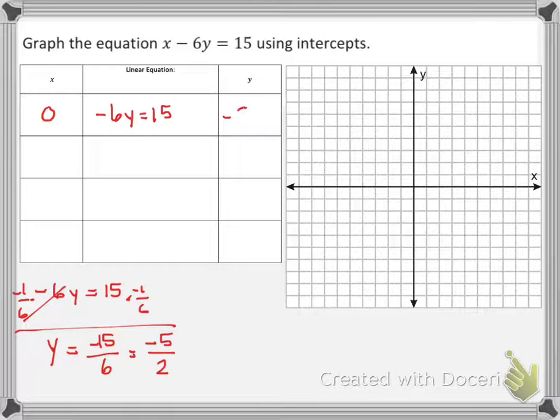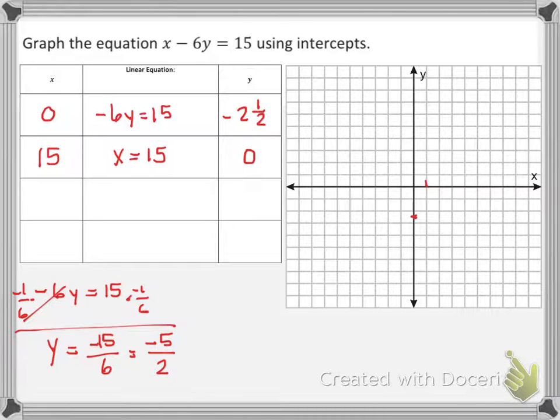So negative 2 and 1/2 will help me to graph that. That's 0 left or right, but down 2.5. So that's right in there. And then my x-intercept comes when I find y equal to 0. So if y is 0, I just get x equals 15. And that's it. So 15 to the right. Let's say that every 1 is worth 2.